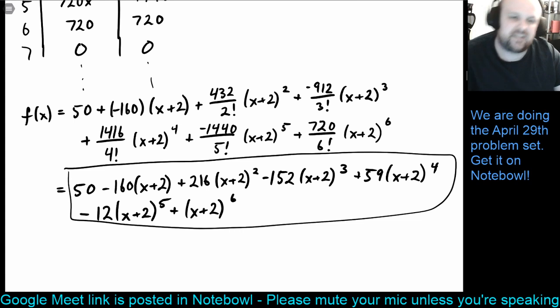So you get some nice numbers out of it, but what this does show is that if you take a polynomial and try to center it somewhere other than 0, it's probably not going to look too good. Now, that's not to say that it can't look good. Sometimes it might look better that way.